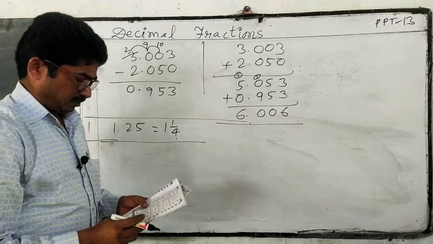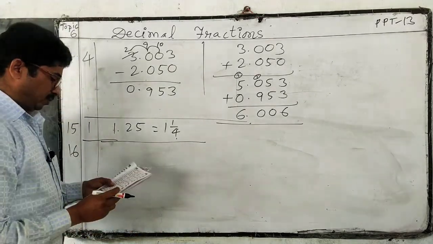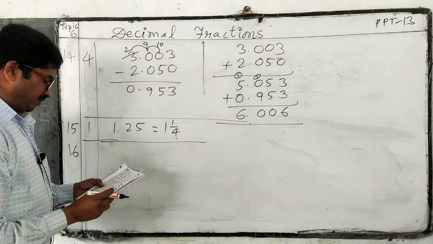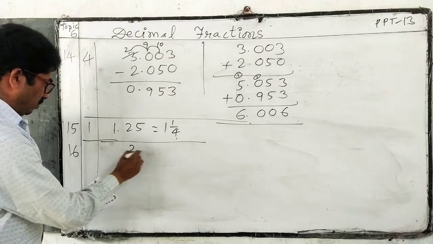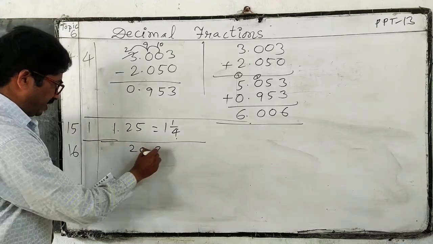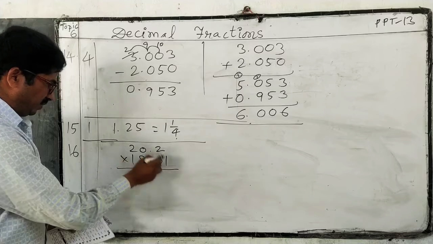16. The whole number we obtain when we multiply 20.2 with 18.01, without decimal. We have to multiply first.